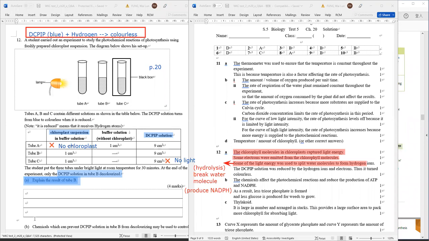Okay, you can also write the last one here. NADPH provides hydrogen to reduce DCPIP into colorless form.